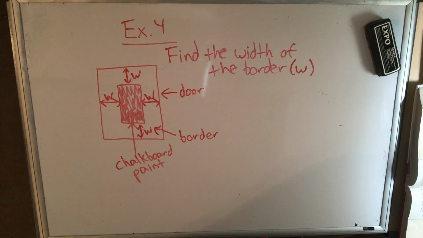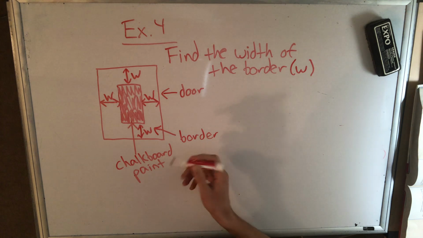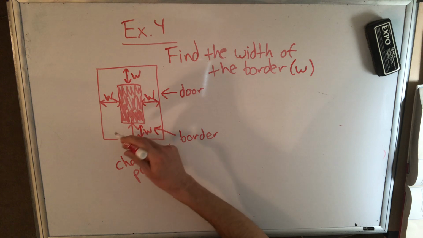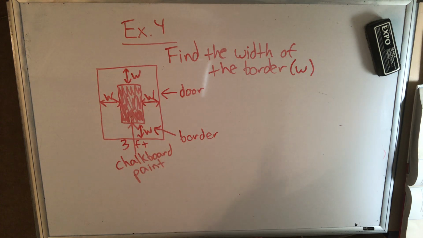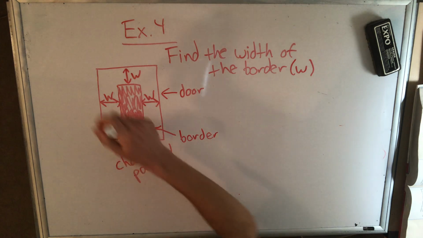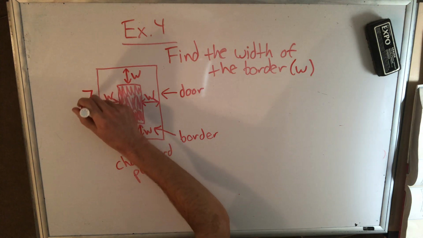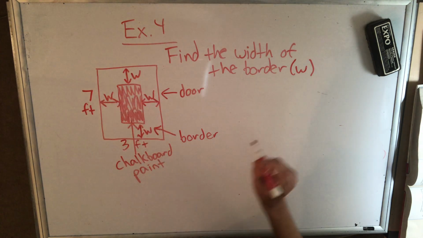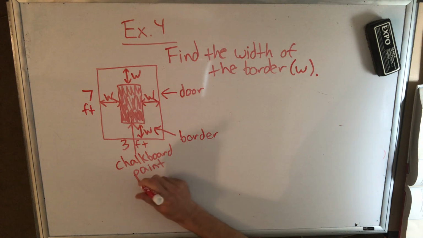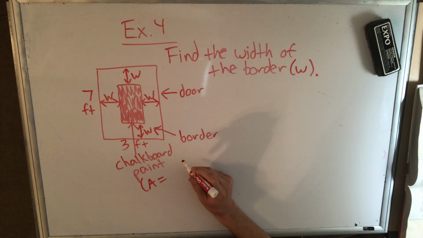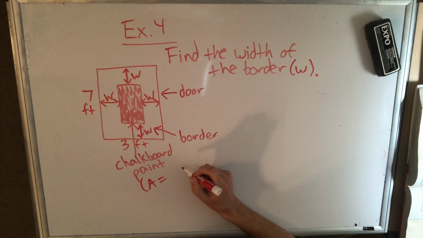And the length of the door is 3 feet. 3 feet for the entire length of the door, 7 feet for the entire width of the door. And the chalkboard paint has an area of 6 square feet.